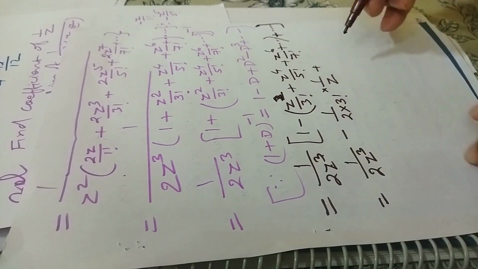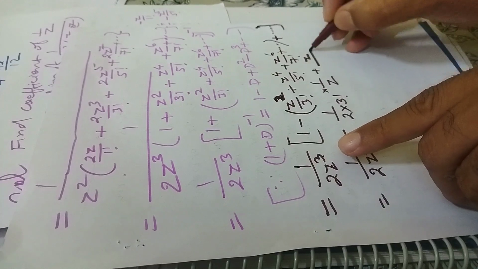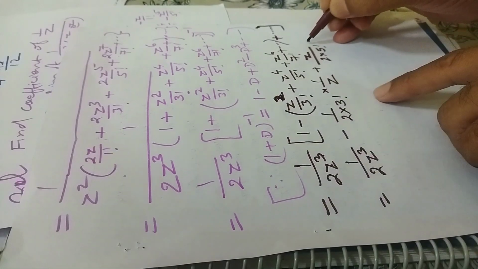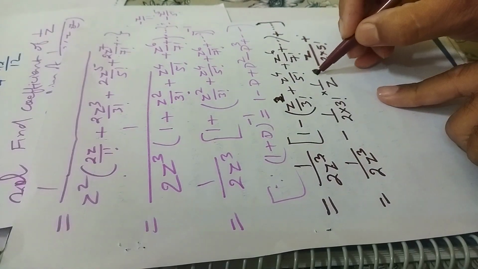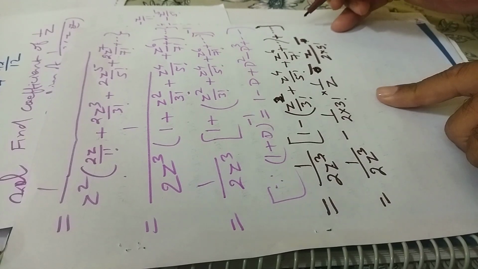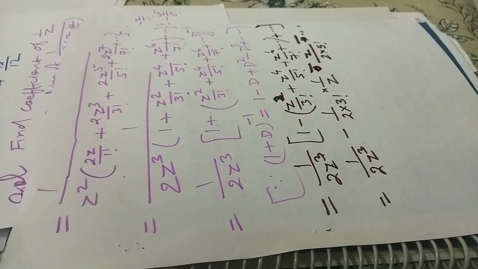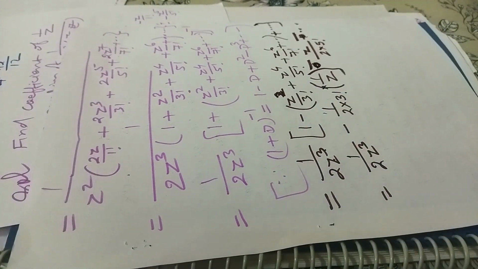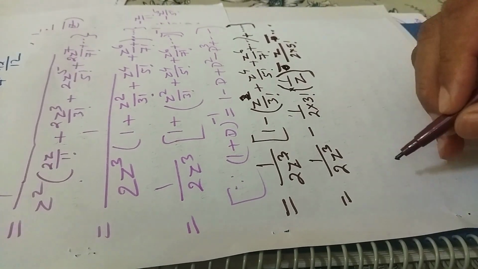And this step, that means z upon 2 into 5 factorial, this step will also be minus, and so on. No need to go to other steps, because we only need the coefficient of 1 by z. Our interest is to find the coefficient of 1 upon z.